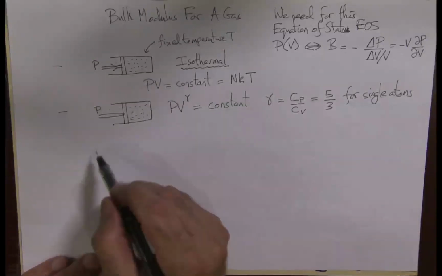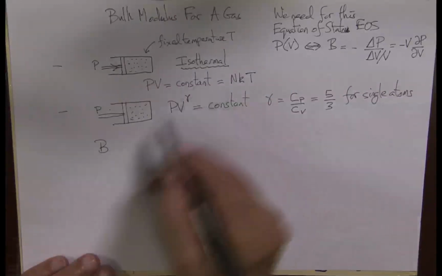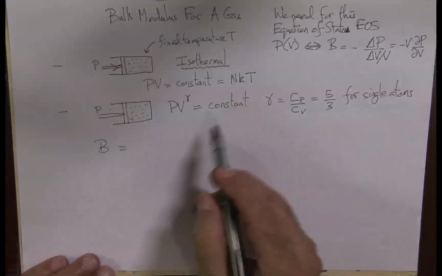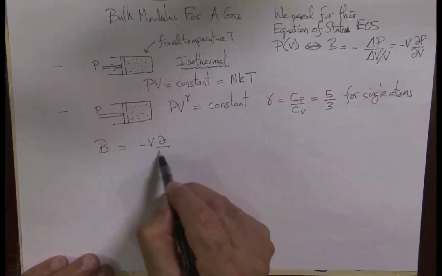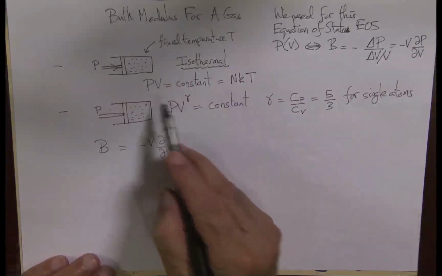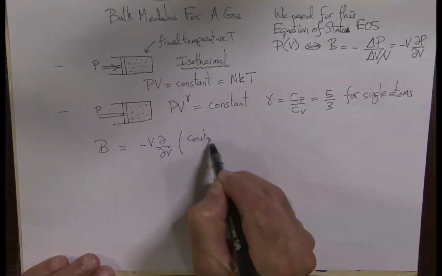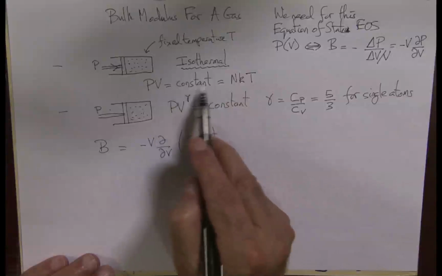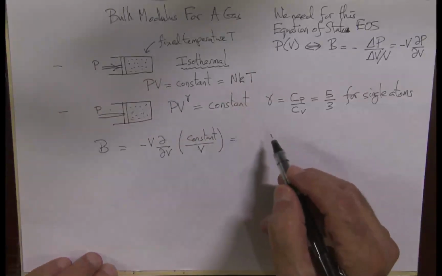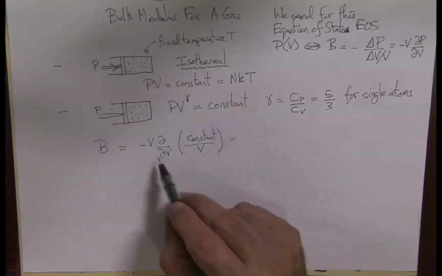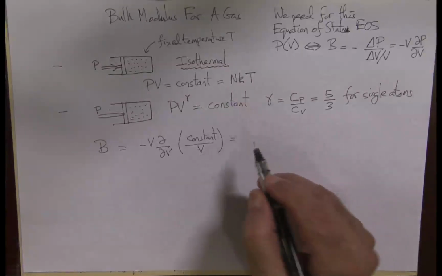Now, from here, we can calculate B. So B in the first case, let's see what it is. It is minus V d by dV of P. And P is equal to a constant, this constant over here divided by V. And now when we differentiate, d by dV of 1 over V, we will get minus 1 over V squared.